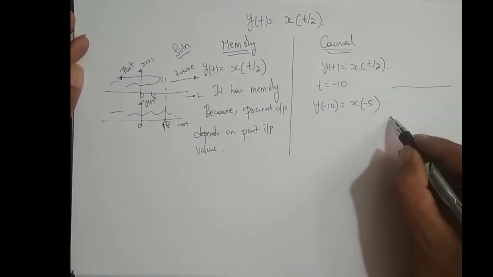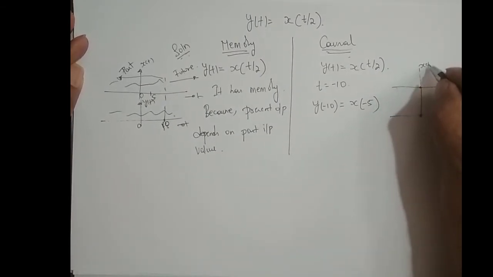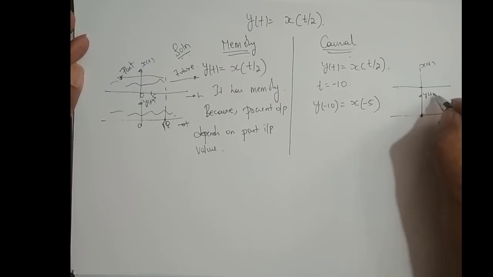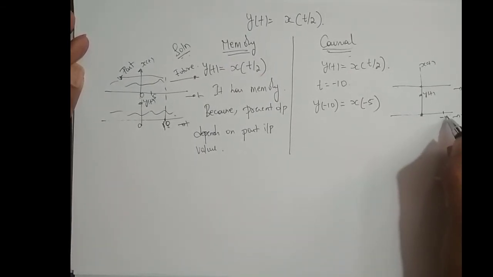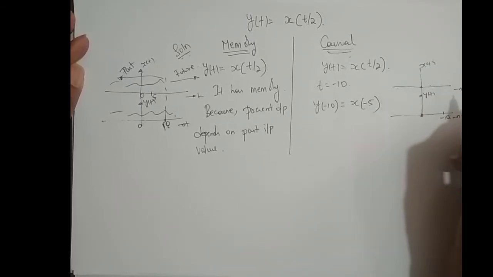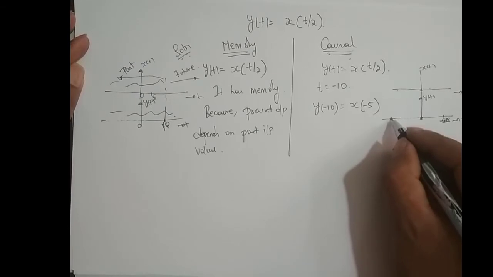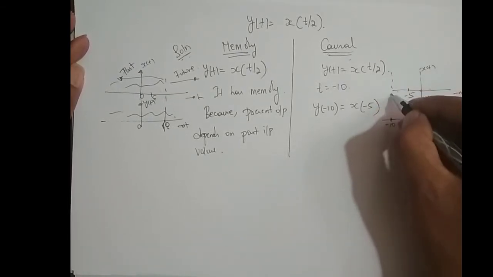Correct now? How is it? So if I just put this is x of t and this is y of t, this is t, y of minus 10 is here, y of minus 10 is equal to x of minus 5.